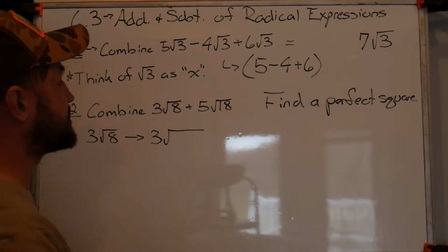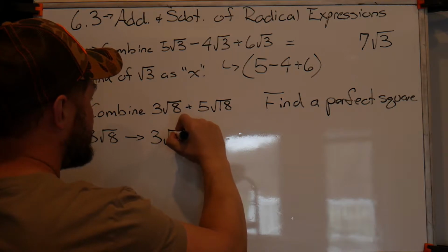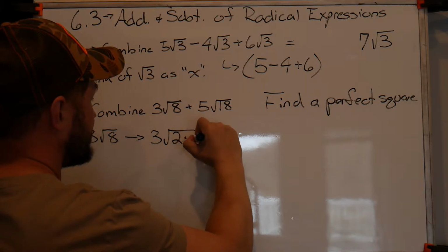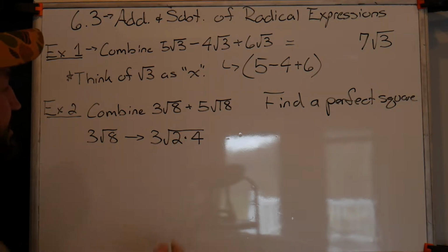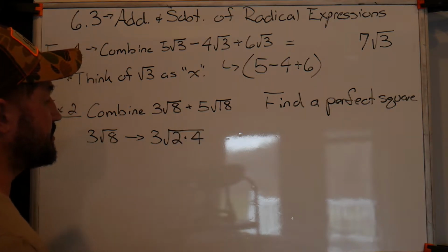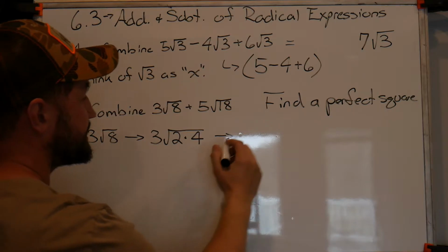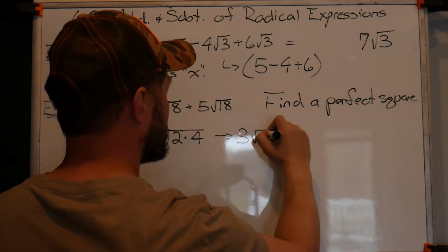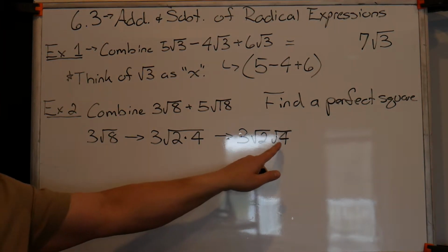Can I get a perfect square out of 8? Well, I certainly can. I'm going to write it this way: 3 times square root of 2 times 4 equals 8. Then I can break that down further. You can remember, real quick, you can rewrite these like this: square root of 2, square root of 4.